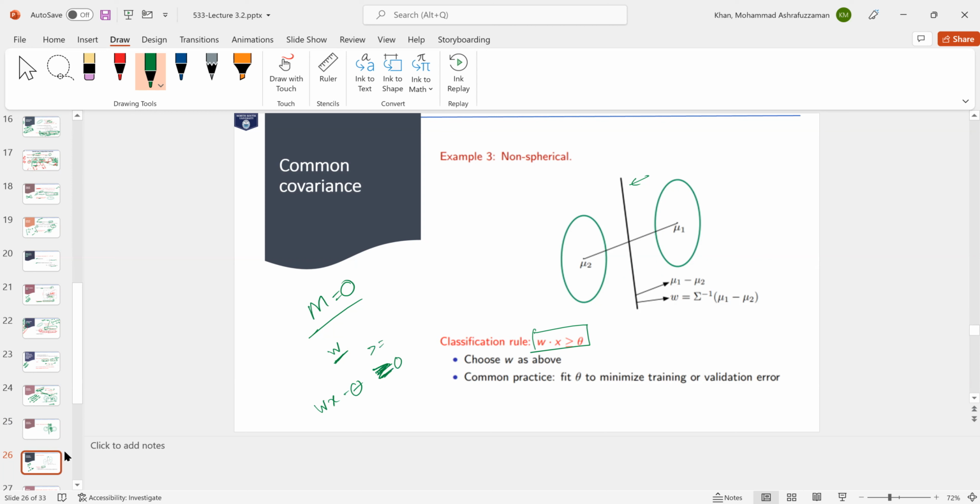The greater than or equal to is the condition, but the boundary is the equality. Now this again gives us a linear separating boundary, but because they're non-spherical, they'll be concentric for different classes, tilted a little bit because they'll be elliptical. Based on that, our separating line will have different parameter values, but at the end of the day, it will again be linear. And also to accommodate the class priors, it can shift left or right.